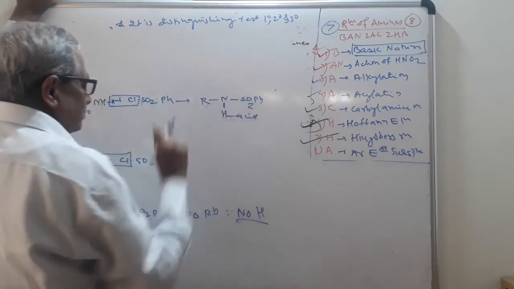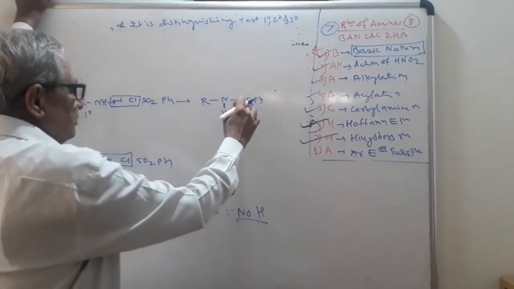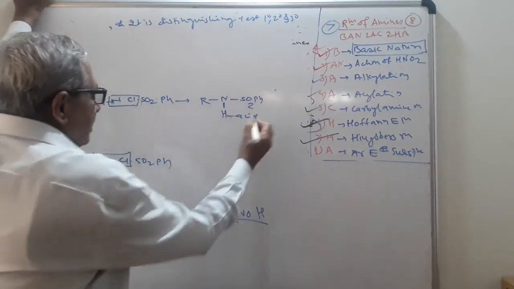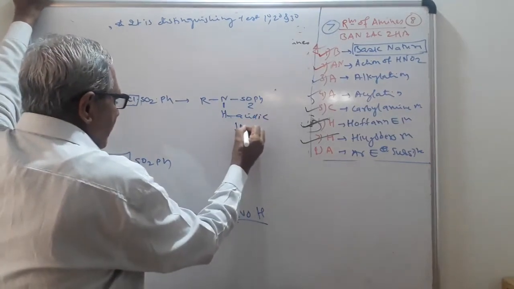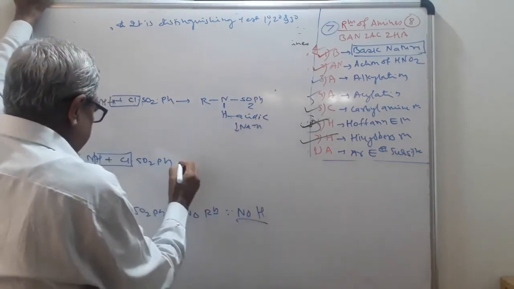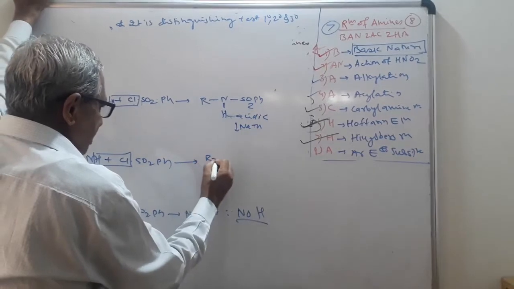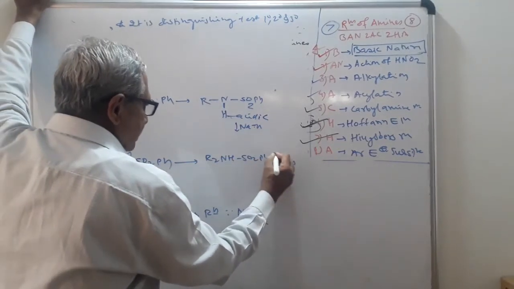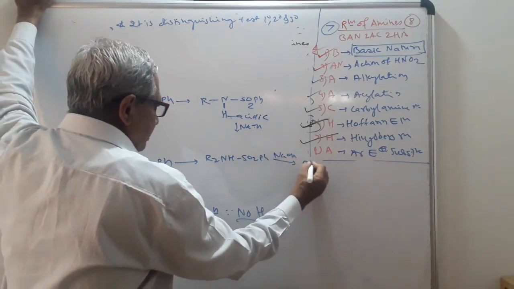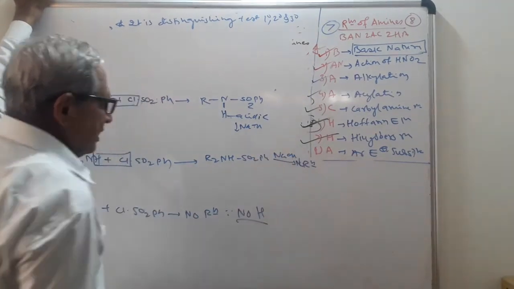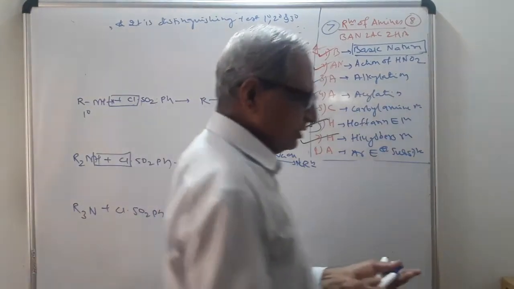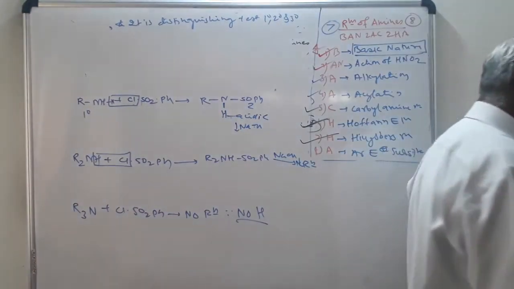First, it is attached to the electronegative nitrogen, and it is very adjacent to the electron withdrawing SO2 group, and therefore the reaction with NaOH will take place here. When you do the reaction with NaOH on the secondary product, no further reaction will take place because there is no acidic hydrogen. So this is a distinguishing test between amines.